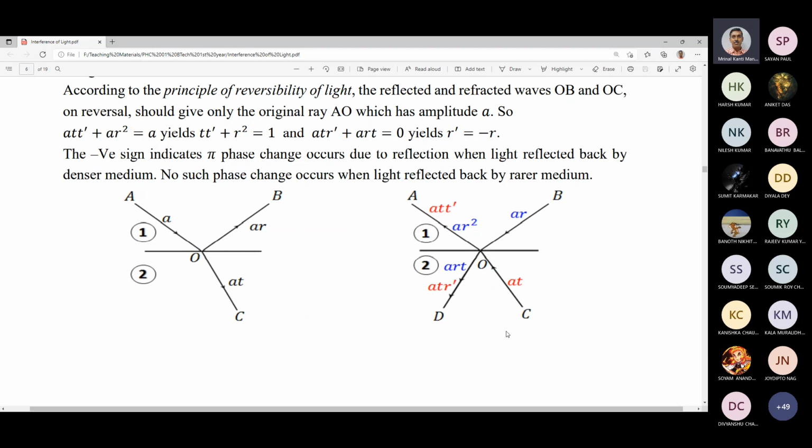Here we have considered that the second medium is the denser medium, so it undergoes a phase shift of pi. Due to this phase shift, we get this negative sign, so R prime equal to minus R. Point is clear? Can you understand this point?